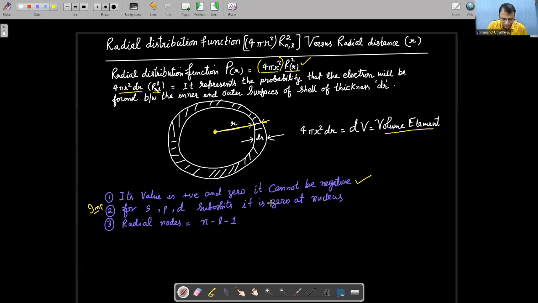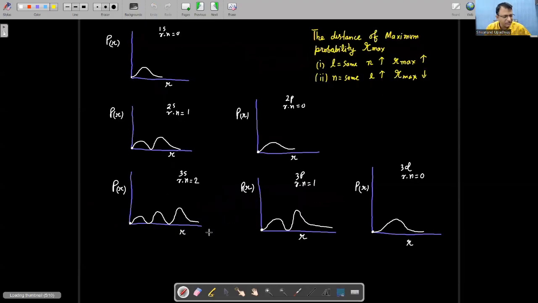So this point is important. And the number of radial nodes is equal to n minus l minus 1. So based on these 3 points, we can draw the graph of radial distribution function versus radial distance. So here we can say that in 1s there is no radial node. All the graphs will start from 0 at the nucleus.